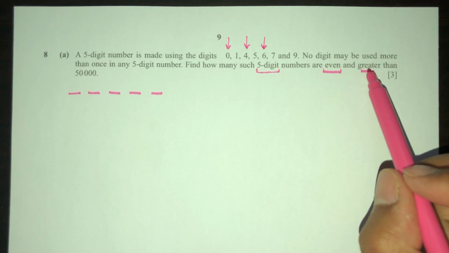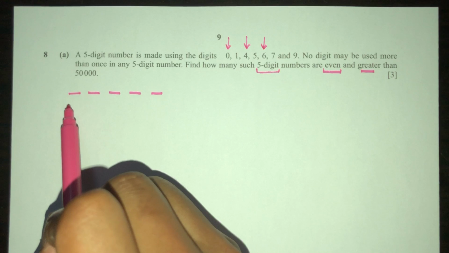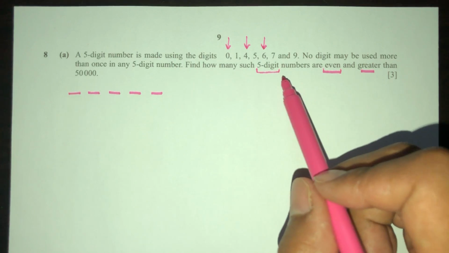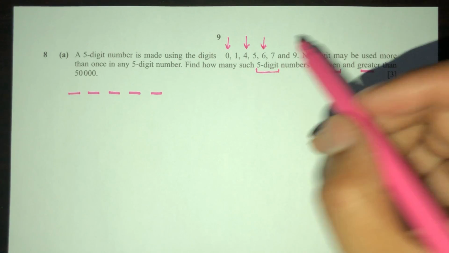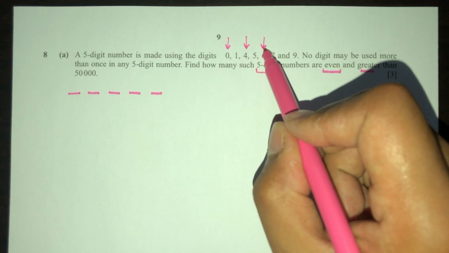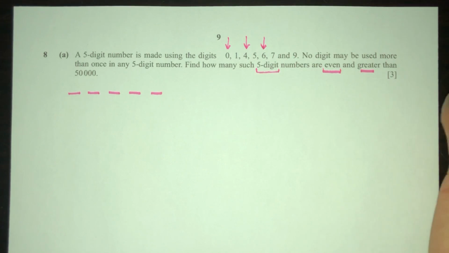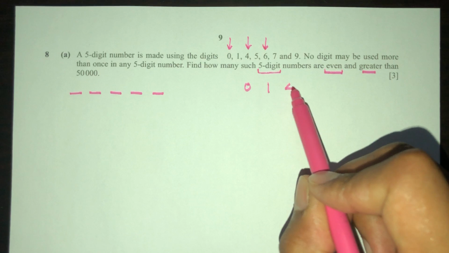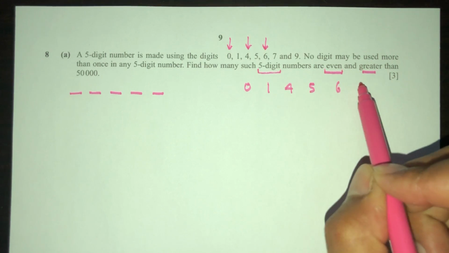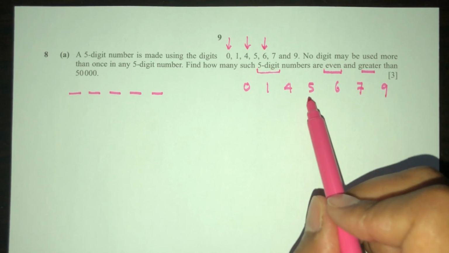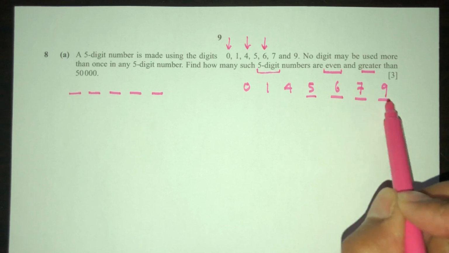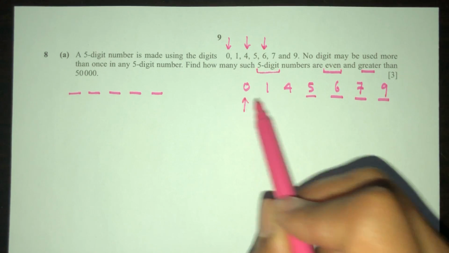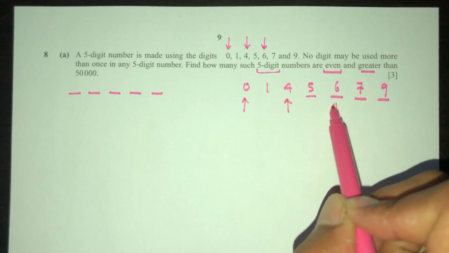Now for it to be more than 50,000, it can start with numbers equal to 5 or more. So basically it can start with 5, 6, 7, or 9. Okay, so let me write this down. So we have 0, 1, 4, 5, 6, 7, and 9. We can start with this, this, this, and this. We can end with this, this and this.